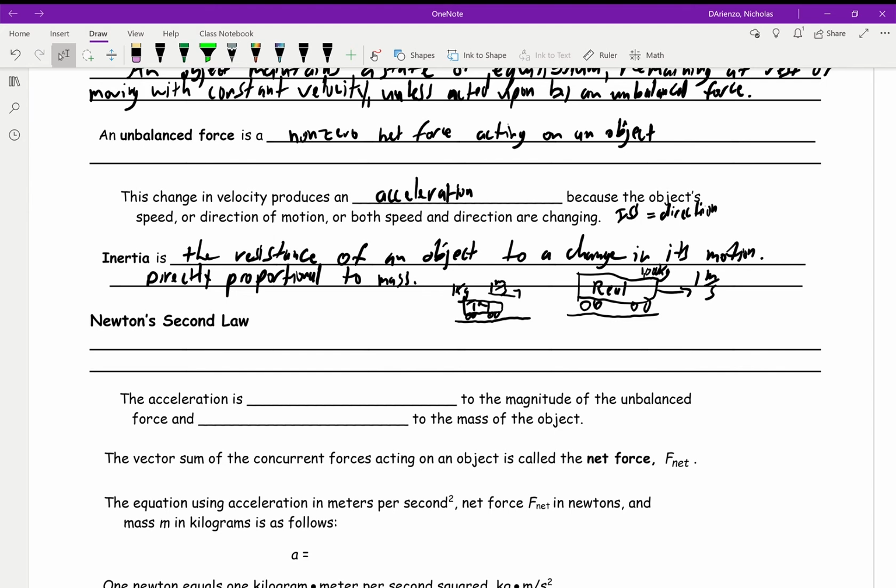Now, Newton's second law says that when an unbalanced force acts on an object, the object is going to be accelerated in the same direction as the force.